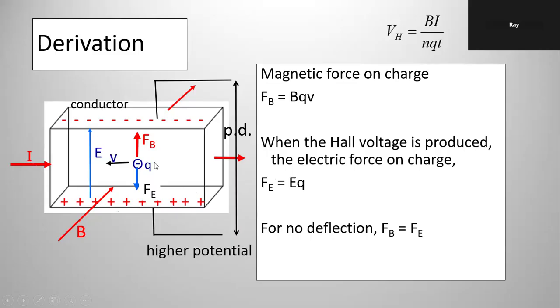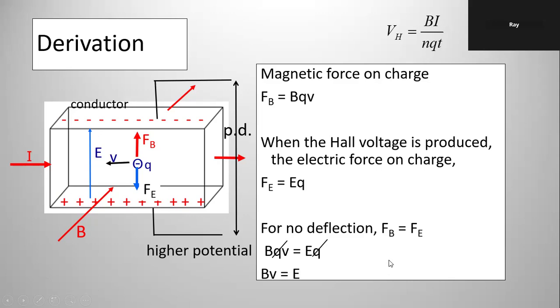When the current flows straight through and the Hall voltage is constant, the magnetic force equals the electric force. So we get the same formula as the velocity selector: BV equals E.